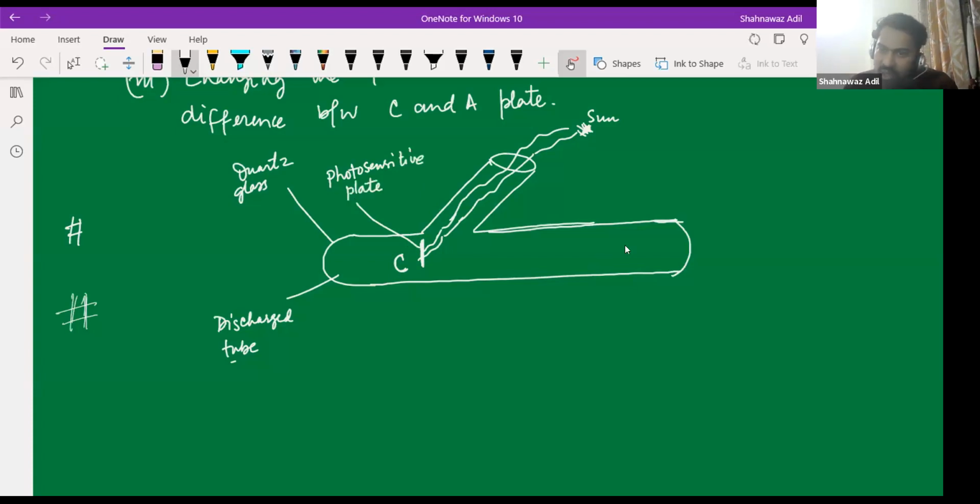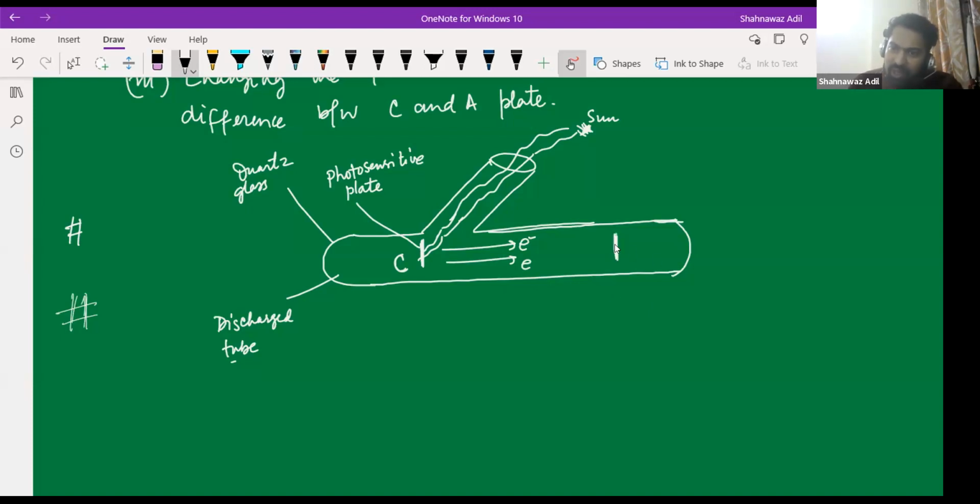Now we have another plate. The light is falling on this plate, so electrons would be ejected. If the electrons go here and there, we cannot collect them. So we provide a potential.